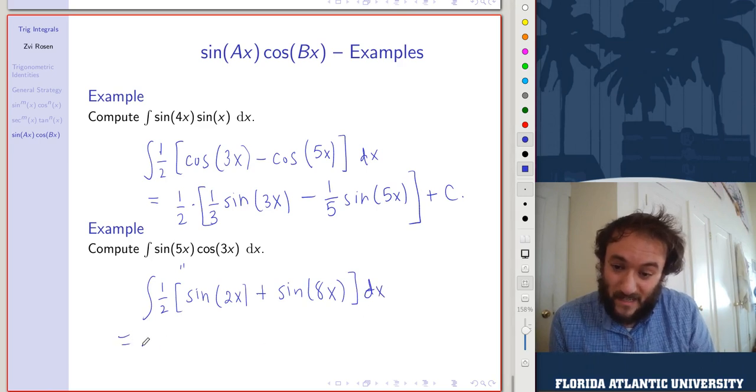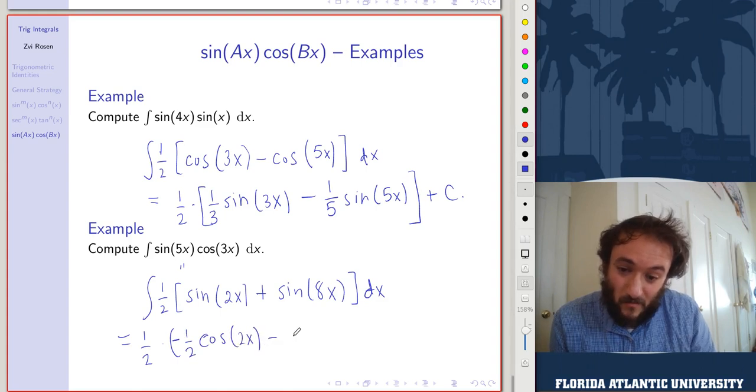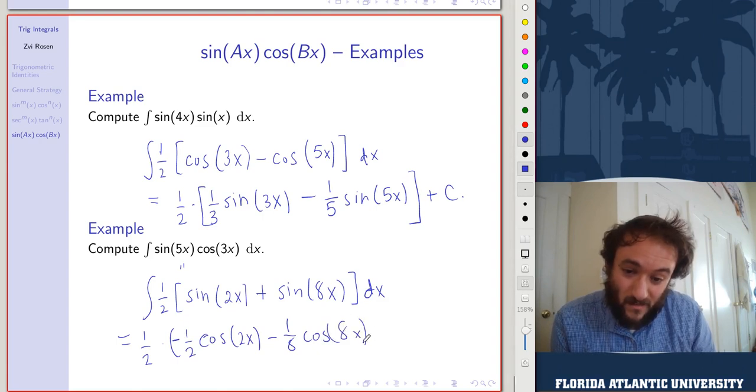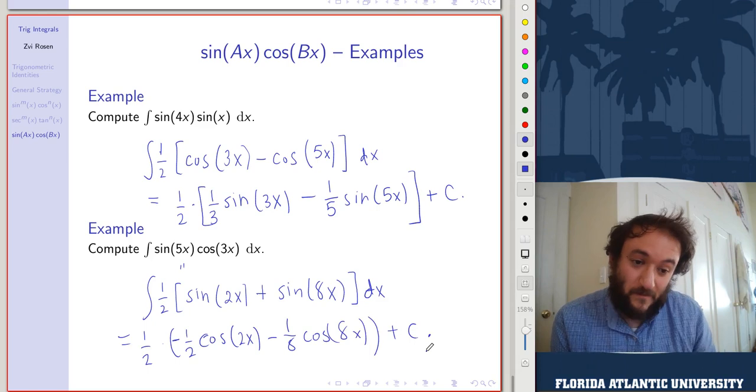What we get is 1/2 times 1/2 of minus cosine 2x minus 1/8 cosine 8x plus c.